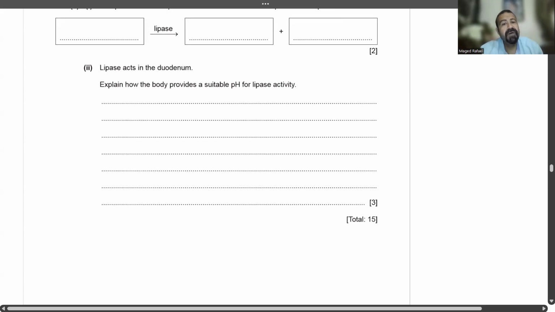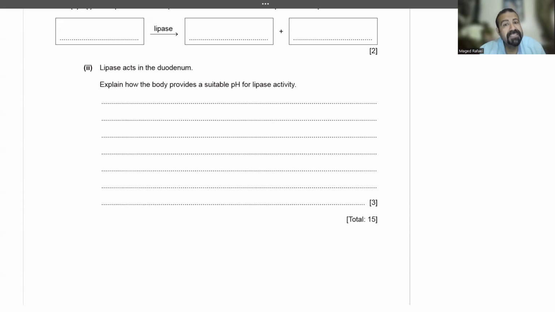Okay, Maya, double I. Lipase acts in the duodenum. Explain how the body provides a suitable pH for lipase activity. Is food coming from the stomach at an acidic pH? How does the body provide a suitable pH for lipase activity in the duodenum? By what? Try to remember.